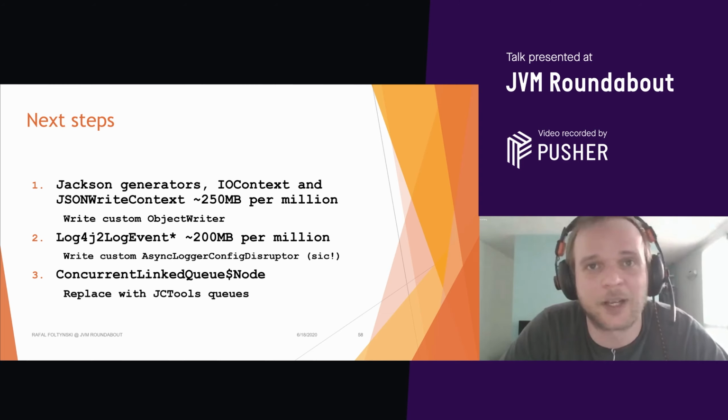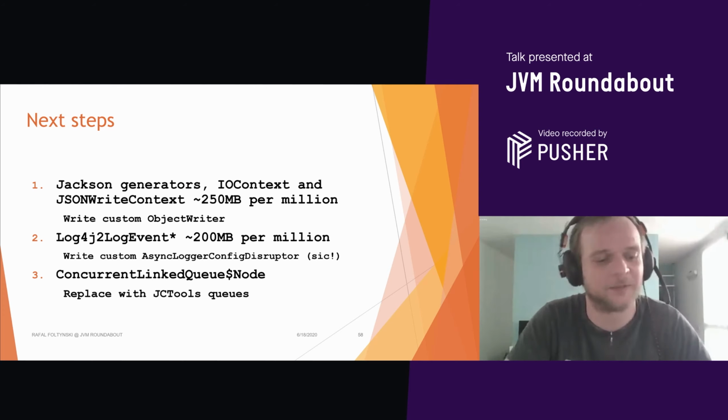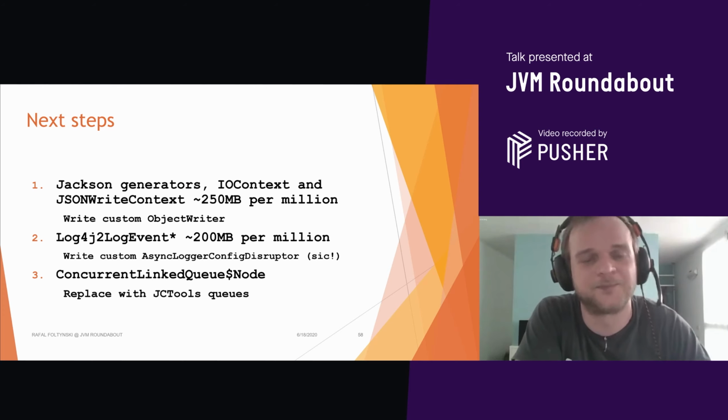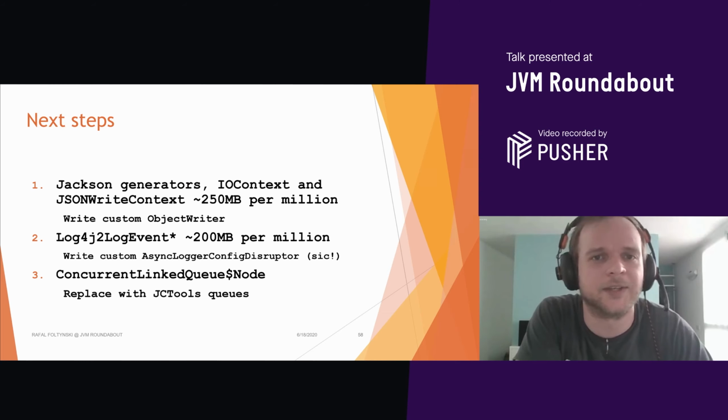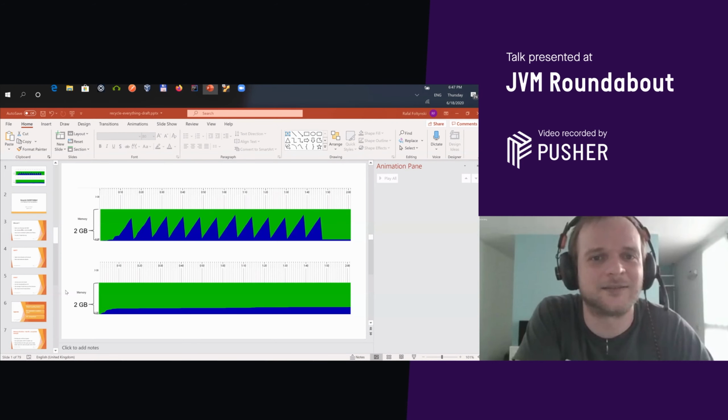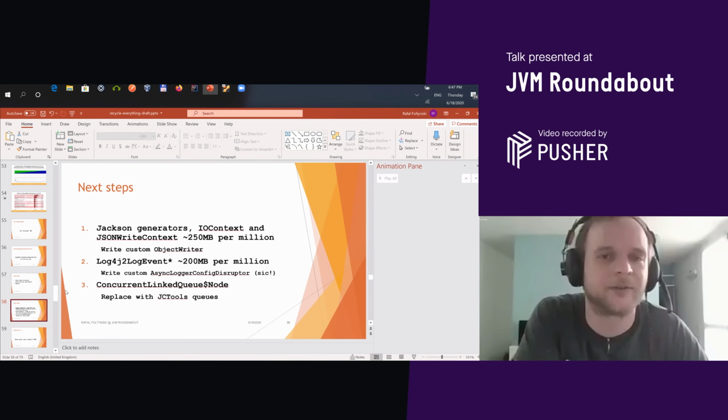So basically, what I had to do was just copy the whole class, and there was not a lot of stuff I could do with that. I'm not even sure about releasing this piece because it's still quite unstable at a very high rate of logs.